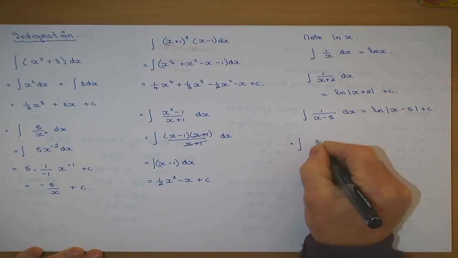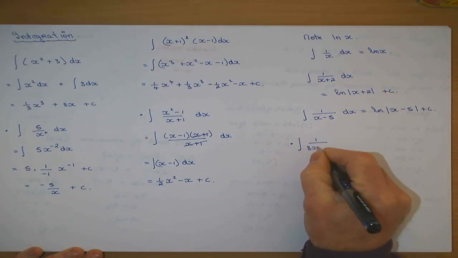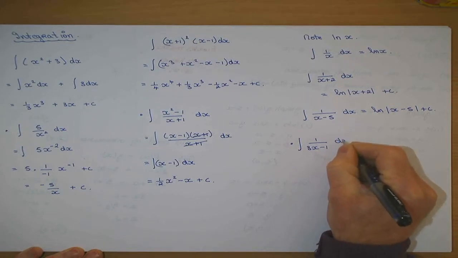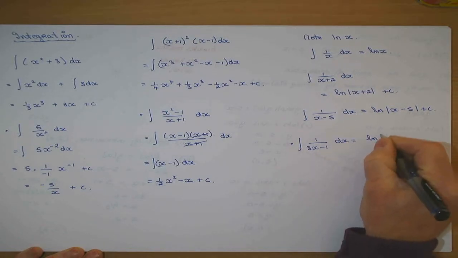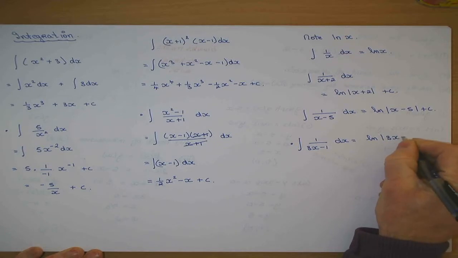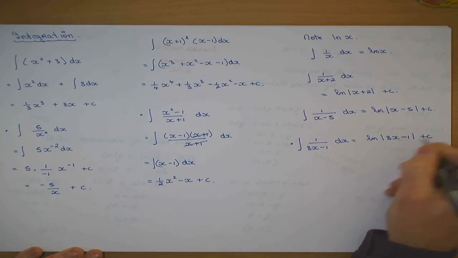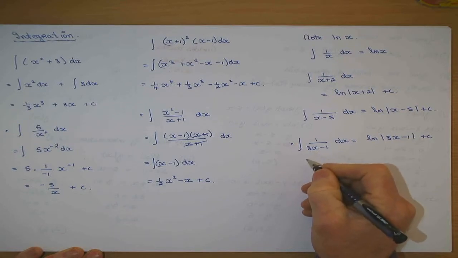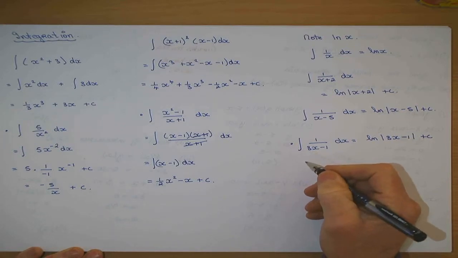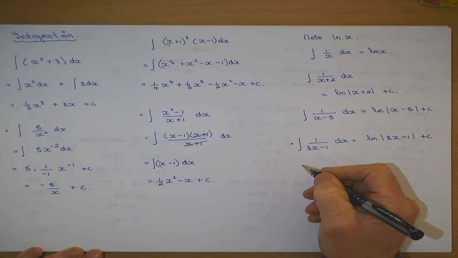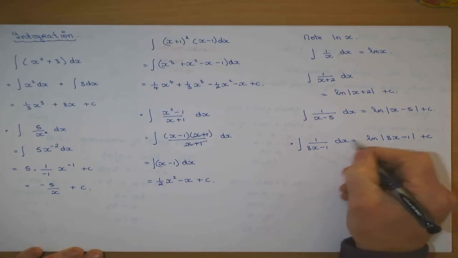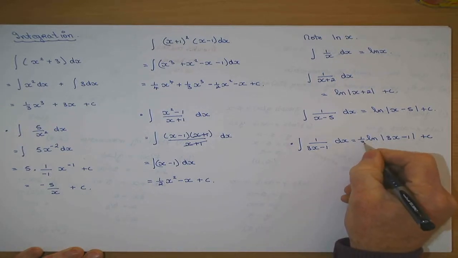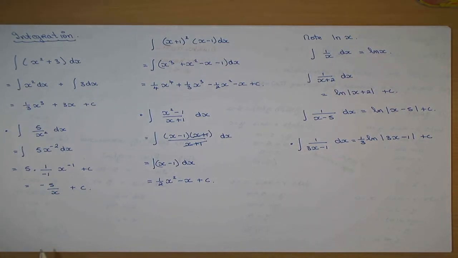And if I have the integral of 1 over 3x minus 1 dx, it is the log of 3x minus 1 plus c. But see, I've gone from an x to a 3x. In differentiation, once I went from x to 3x, it became the chain rule. That 3 causes 1/3 when you integrate.